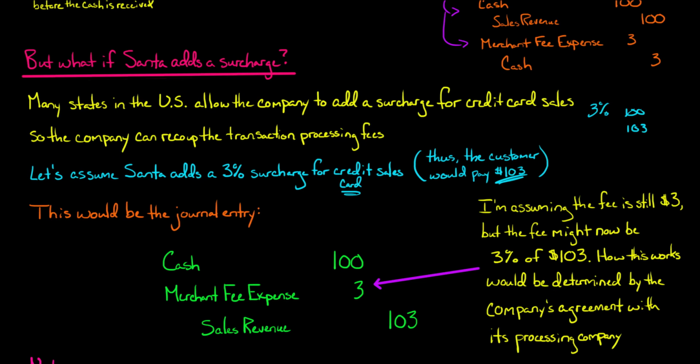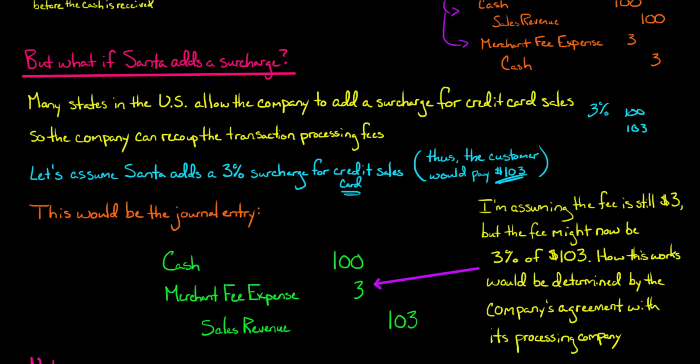Now, remember, Santa has to pay that merchant fee expense. Santa's going to have an agreement with the transaction processing company of how the merchant fee expense is actually calculated. So it's going to vary based on the terms of the agreement.